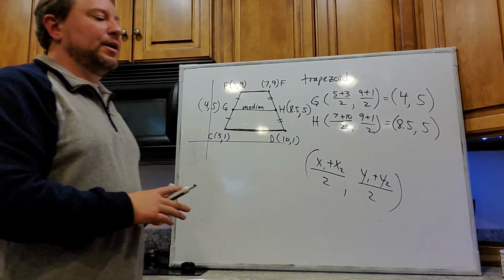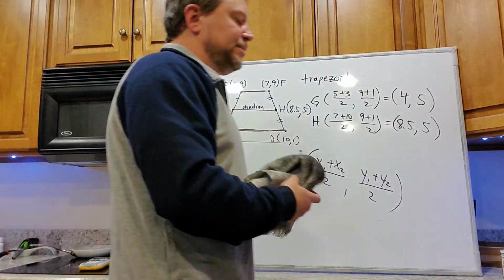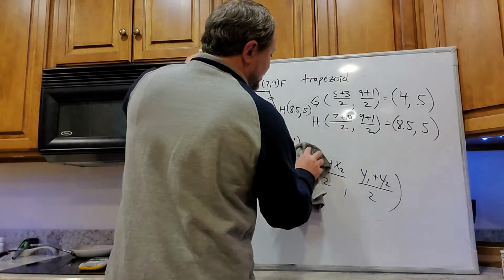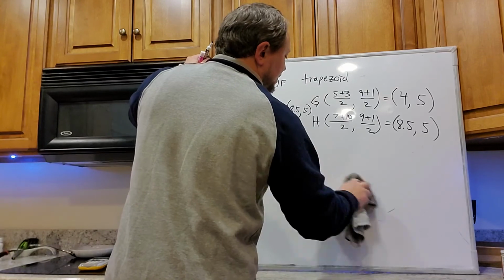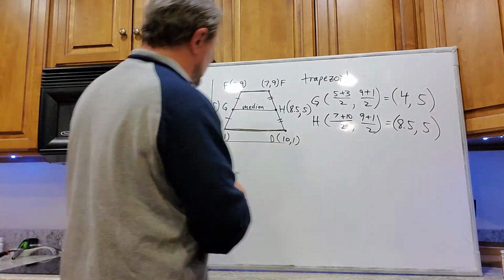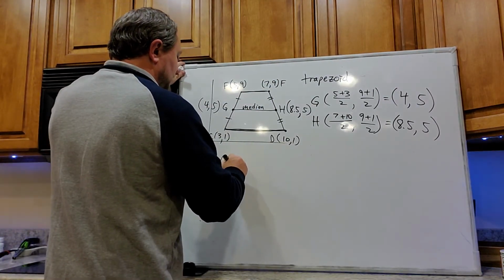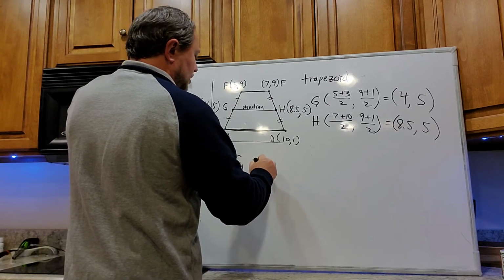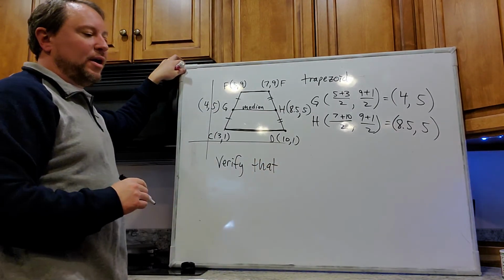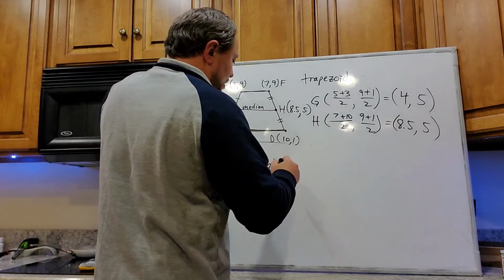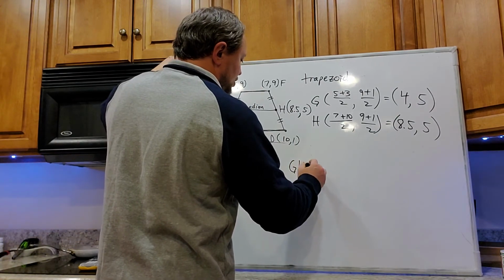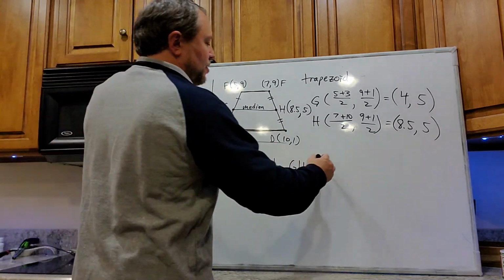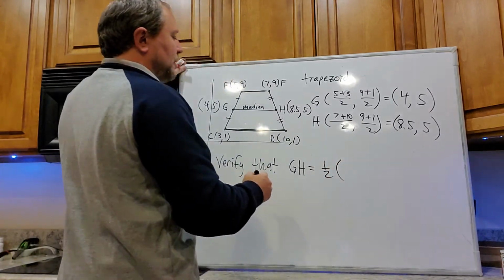All right, now one of the other questions they may ask you on a problem like this, in fact on your homework there'll be one like this, they will ask you to verify the following. Verify that GH equals 1/2 of FE plus CD.